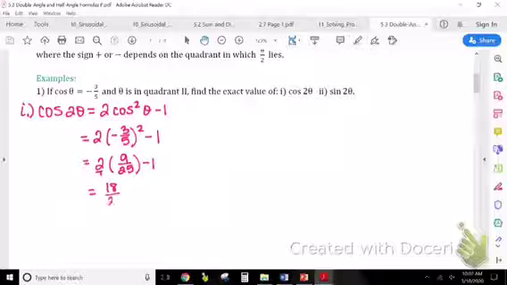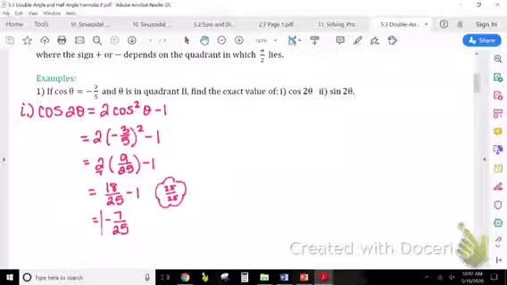Just going to give me 18 over 25 minus 1. And then I'm going to subtract that 1. And so remember that 1 is the same as 25 over 25, correct? And so 18 minus that 25 that's on top is a -7 over the common denominator of 25. And so there is our solution.